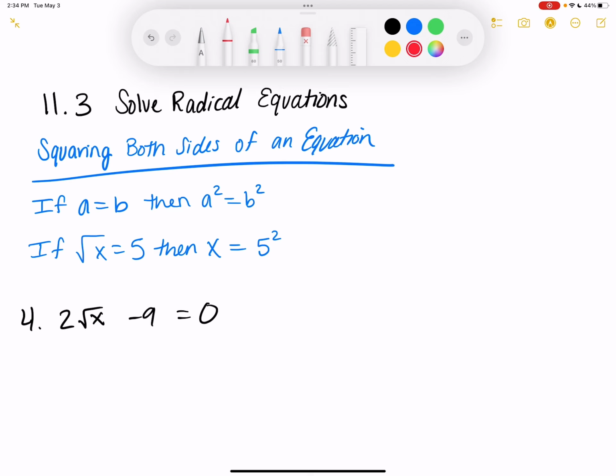I just have it spaced so it doesn't look like it's all underneath, because that gets confusing. All right, so I want to get x by itself. So first I need to move the 9 over. Because it's a minus, I'm going to add it over. So 2 square root of x is equal to 9.